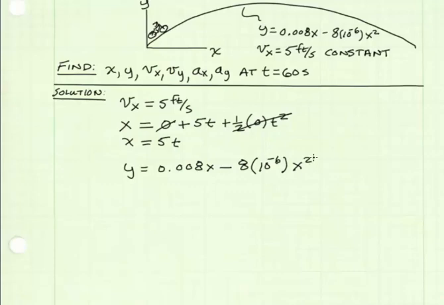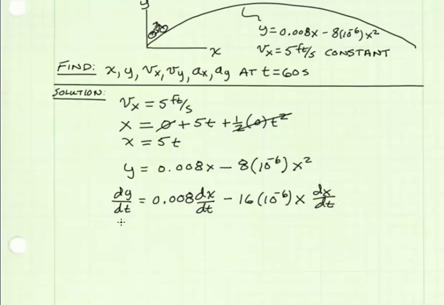If I differentiate this equation with respect to time, implicitly, then I would have the derivative of y with respect to time is equal to 0.008, the derivative of x with respect to time, minus, bring the 2 down for my x squared, so I would have 16 times 10 to the minus 6 x, and then I have to use chain rule and take the derivative of the inside, which is dx dt.